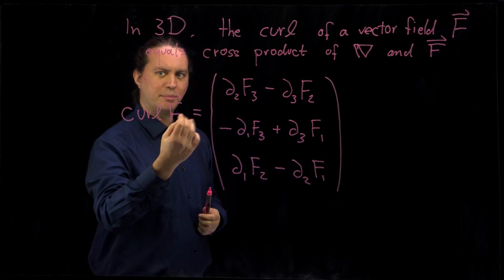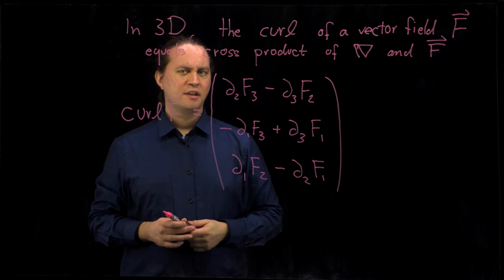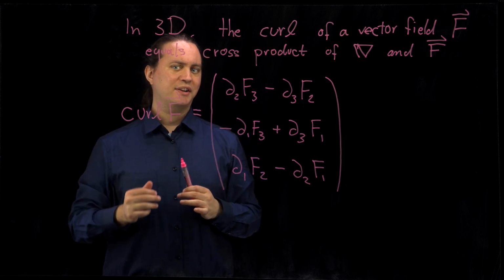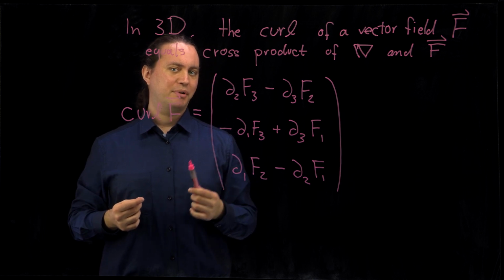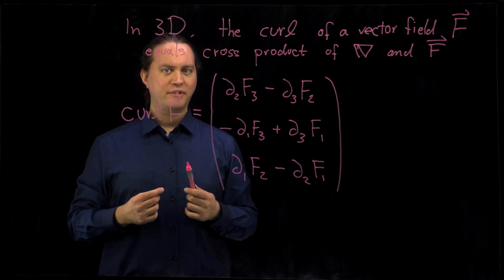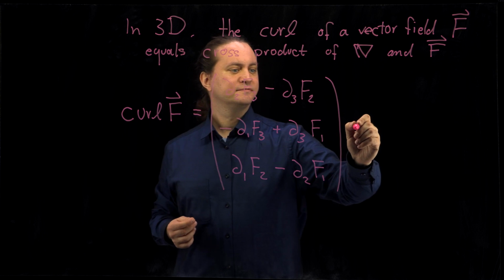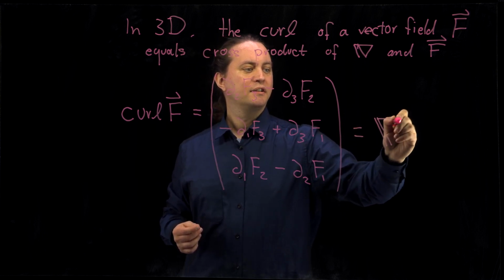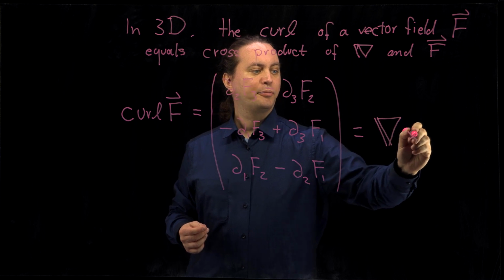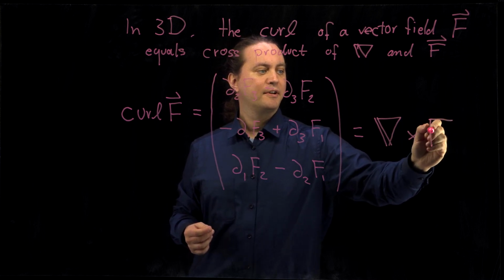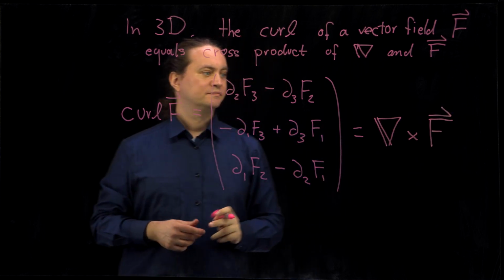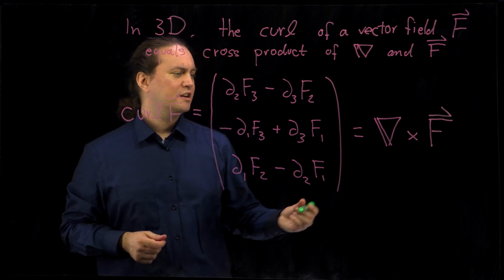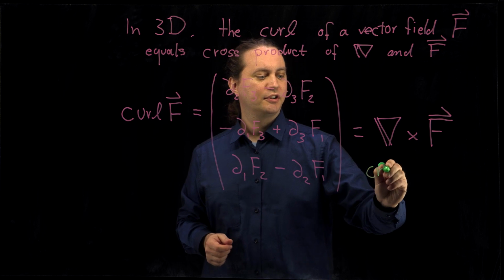If you now take a sharp look at this vector, you recognize that formally, just formally, we can write it as the cross product of the nabla symbol and the vector f. We got nabla cross the vector f. The formal operation here is the cross product.